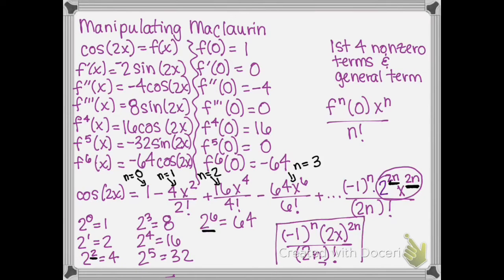It looks really similar to the general term for the Maclaurin series for cosine x, except the x has been replaced with 2x. So it appears that when we change the input to our Maclaurin series, you just change the input also on the general term. Does that mean we're just changing the input on each of these terms?